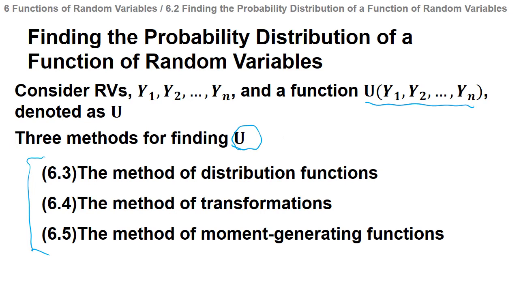We are going to learn the method of distribution functions in chapter 6.3, the method of transformations in chapter 6.4, and the method of moment generating functions in chapter 6.5. Okay, let's start one by one.